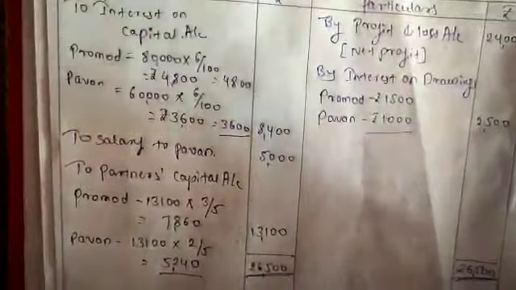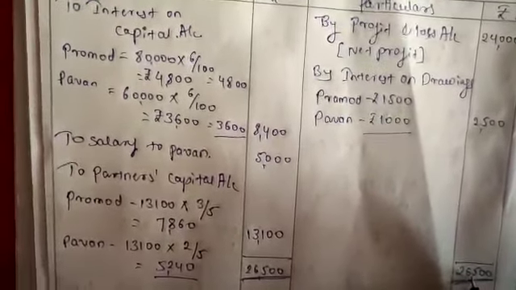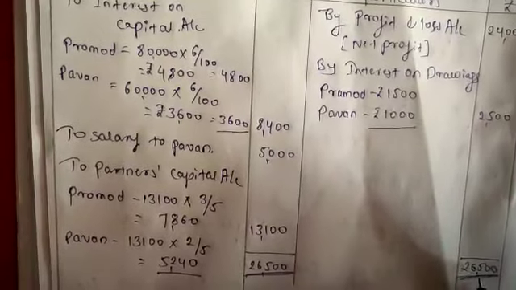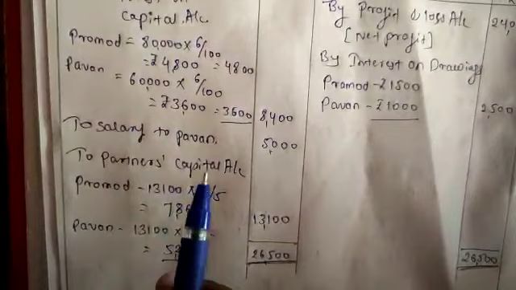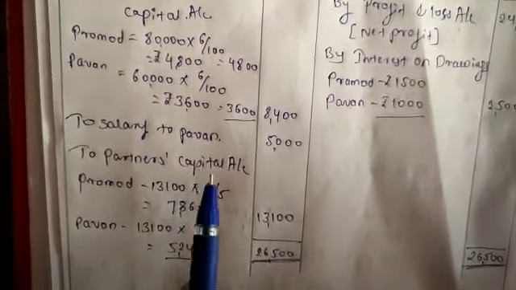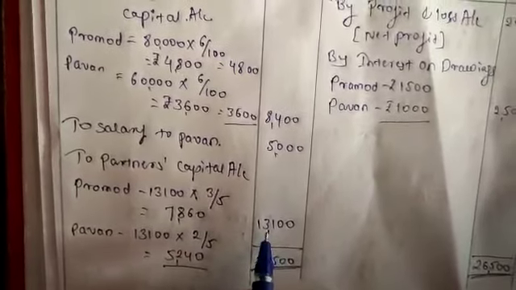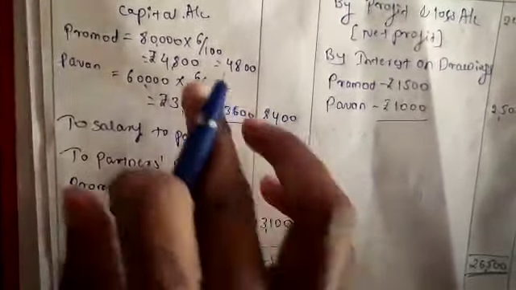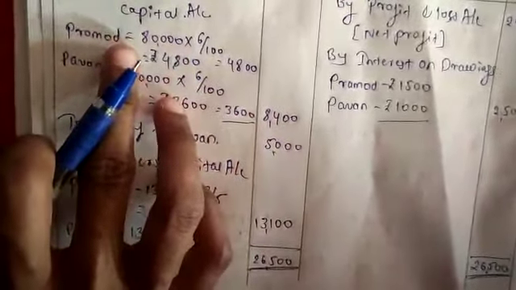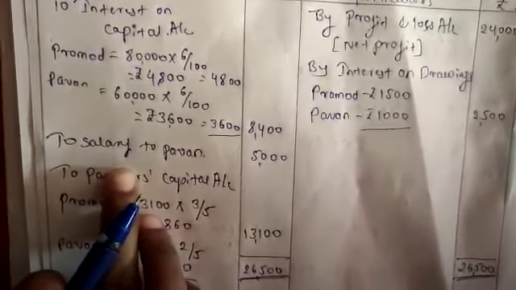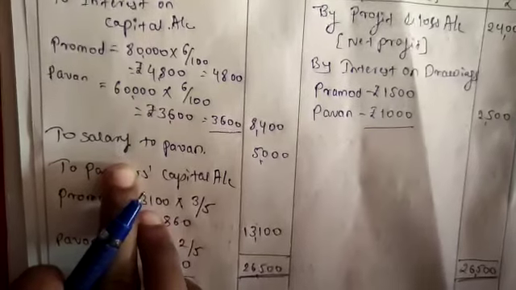For example, in this problem the 26,500 you collected from the partners, you should spend on the debit side through interest on capital, salary to Pawan, and the remaining surplus of 13,100 is transferred to the partners' capital account. These 2 items, interest on capital and salary, are the expenses to the partnership firm here.